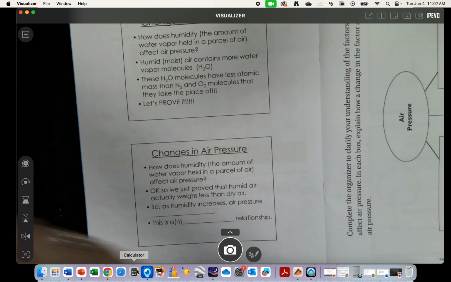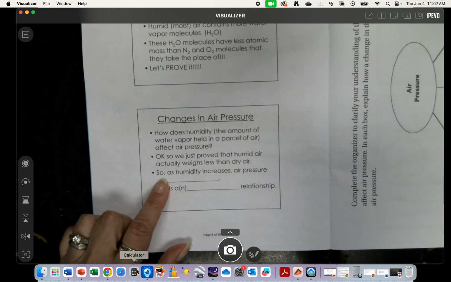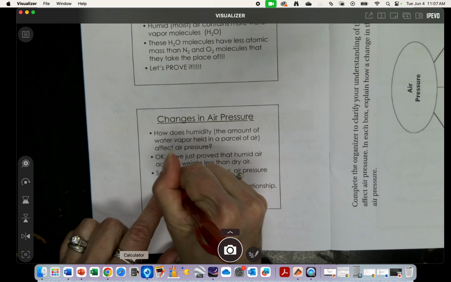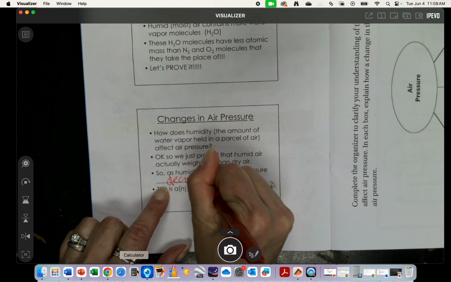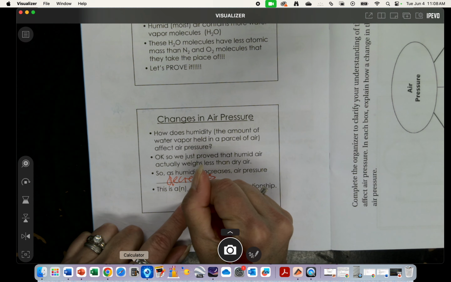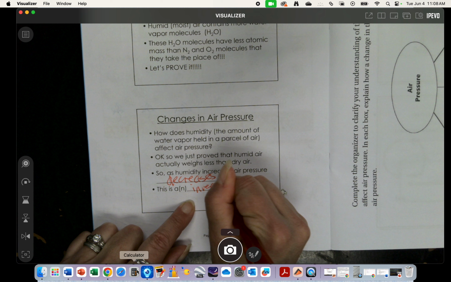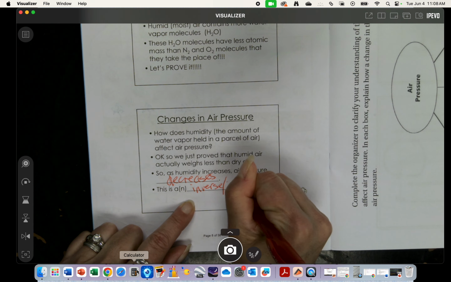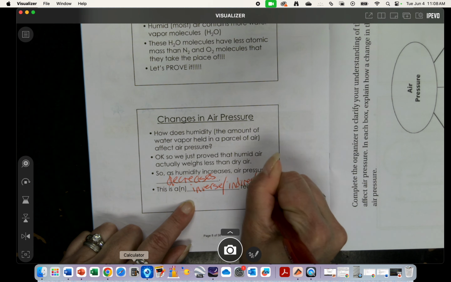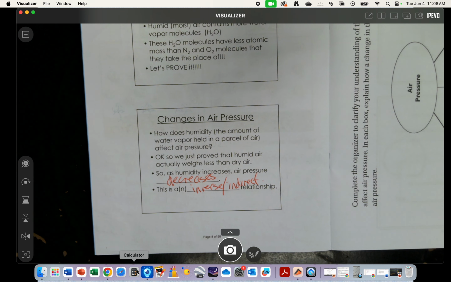As humidity increases, air pressure, contrary to how it feels, decreases. This is a what kind of relationship? This is an inverse or indirect relationship. Even though humid air feels gross and heavy, it's actually not heavy.